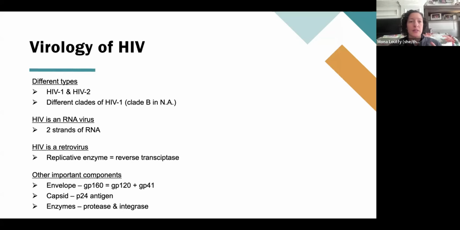It's relevant because HIV-1 and HIV-2 have different disease progression. HIV-2 is a very slowly progressing virus, so it doesn't erode the immune system as fast or at all, while HIV-1 depletes the CD4 cells much faster.